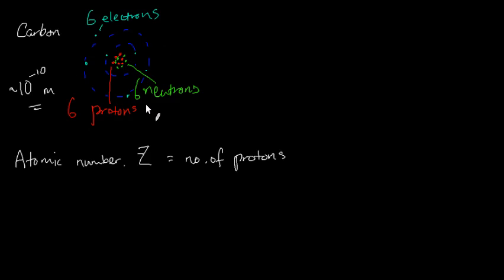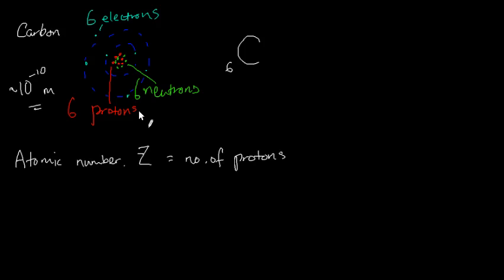Okay, and we would represent this information using a symbol C to stand for the element carbon, and we would write the number of protons, or atomic number, as a number just in front of the letter and just under the letter itself.